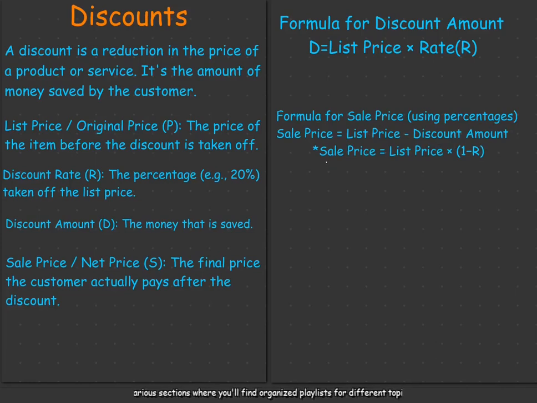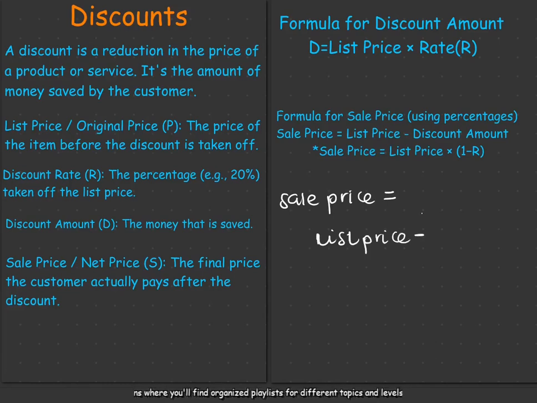You get it? But if you look at it carefully, the sale price is going to be equal to the list price, let's just write it as list price, minus the discount amount. The discount amount is list price times rate. So for the list price, let me just write it as LP.